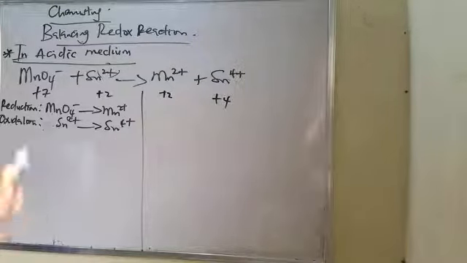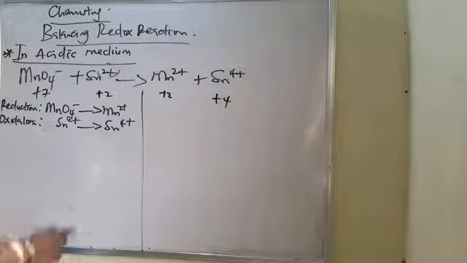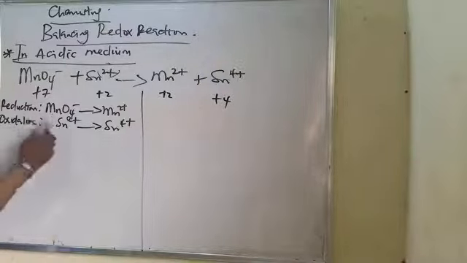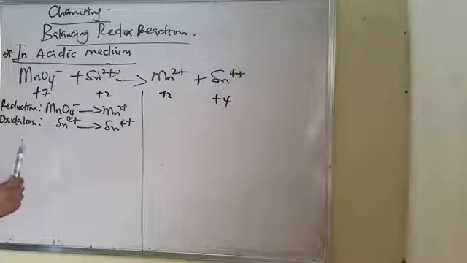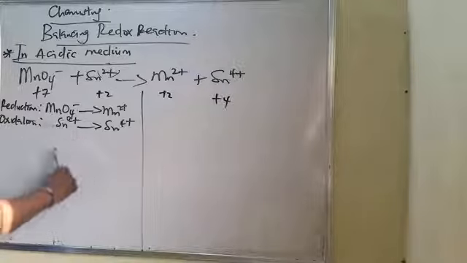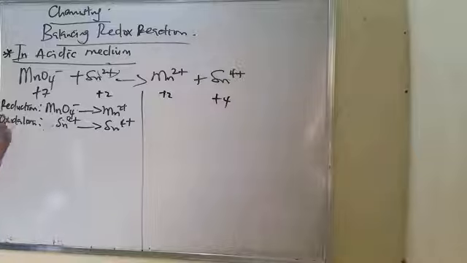Then the next step is that you balance the oxygen atoms by adding water on the other side of the equation. So where do I have oxygen? I have oxygen here. So you balance oxygen atoms by adding water. How do we do that?